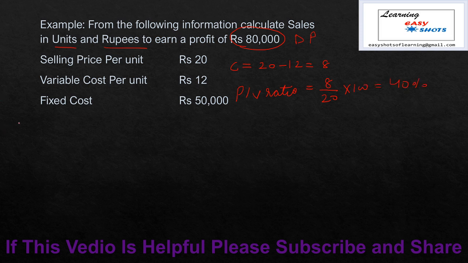When we put these values to find out sales, sales can be found in rupees or in units. When we find sales in rupees, our formula is fixed cost plus desired profit divided by profit volume ratio.